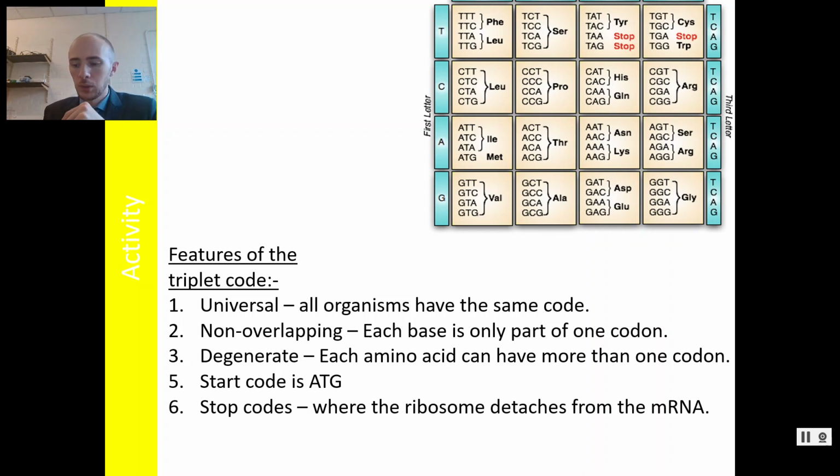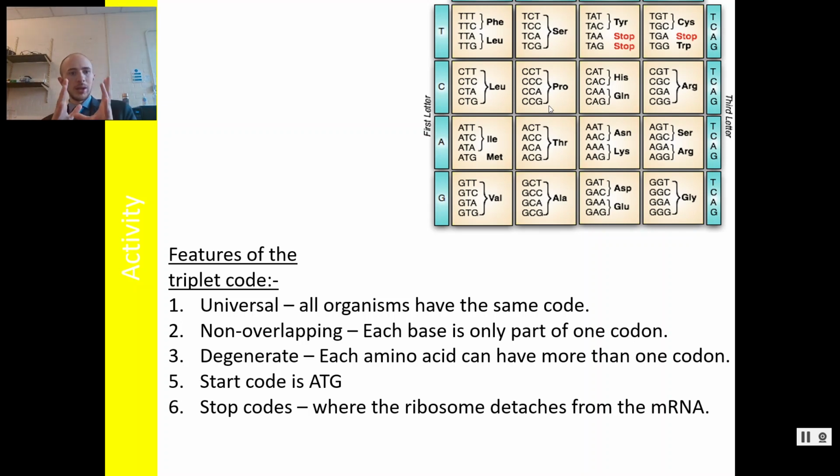Most do. The start code is ATG. Now to be honest with you, that's technically on the A level, but it never gets asked about. ATG is methionine. Methionine is always the first amino acid in every single protein in your body, but it's not particularly relevant and it doesn't come up very often. Stop codes, and this is something that does come up: you can see here, the red ones, TGA, TAA, TAG, they're all stop codes.